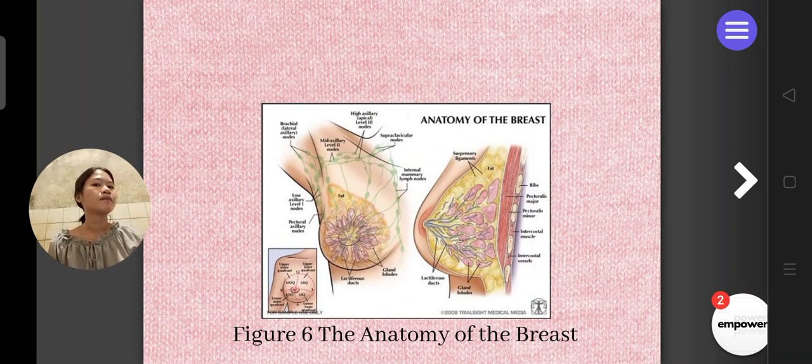Our last, figure number 6, is the anatomy of the breast. The anatomy of the breast or the mammary glands are accessory glands of the female reproductive system. They exist also in male, but only in rudimentary form. Yung breast, alam naman natin na kapag nagbubuntis yung isang magulang or yung babae, lumalaki siya.